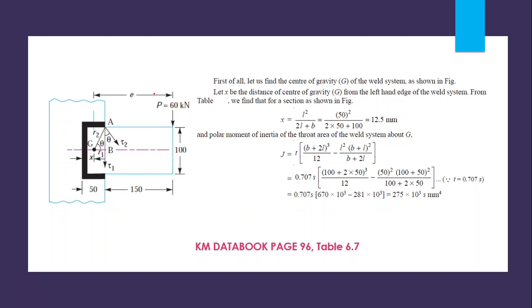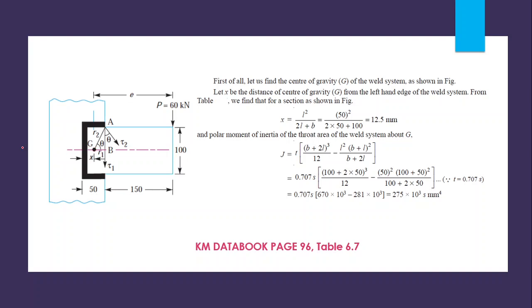Here, first we must calculate the center of gravity of the weld system as shown in the figure, or the coordinates of G. From the KM data book, page number 96, table 6.7, there is an equation for the x coordinate. That x is equal to L square divided by 2L plus B. We know that this particular welded portion is symmetric about the x-axis, so the y coordinate of G is equal to 0.